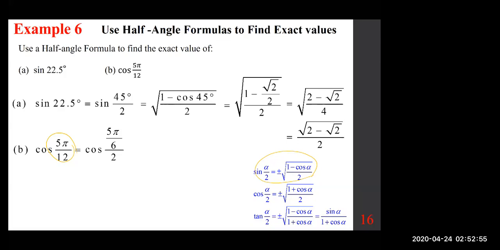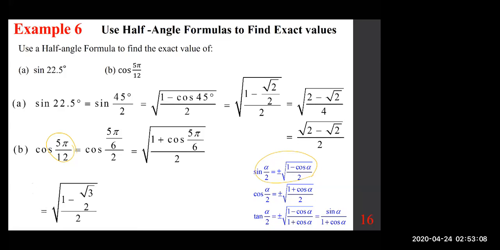If the first quadrant is positive, you plug it in. Now, cosine of 5 pi over 6 is negative square root of 3 over 2 because it belongs to the second quadrant. Multiply the top and the bottom by 2, and so you end up with 4 in the denominator, which comes out as 2.